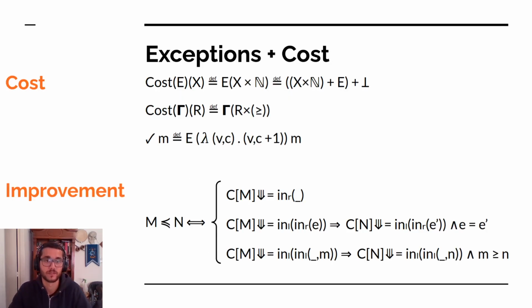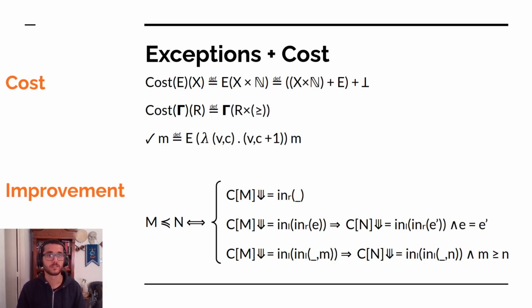For example, we revisit the exception system, where we simply equip each value with a natural number representing the cost required to compute it, by composing the monad E with the product with the natural numbers. This is an arbitrary choice, and we are going to explore a different one in a bit, but for now it's enough with this composition.